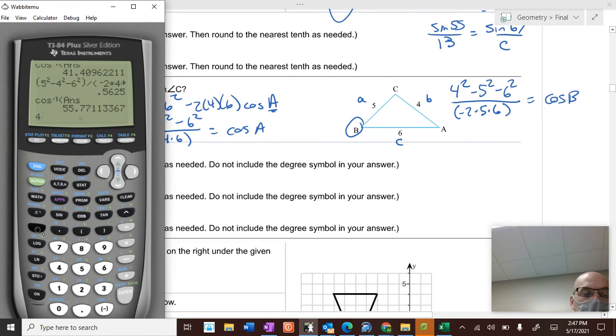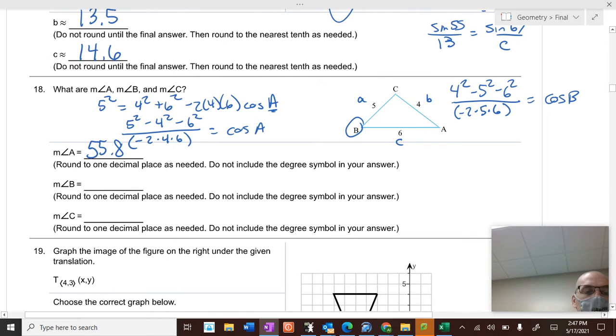So it's 4 squared minus 5 squared minus 6 squared, divided by negative 2 times 5 times 6. And you take the inverse cosine of the answer. You get 41.4.